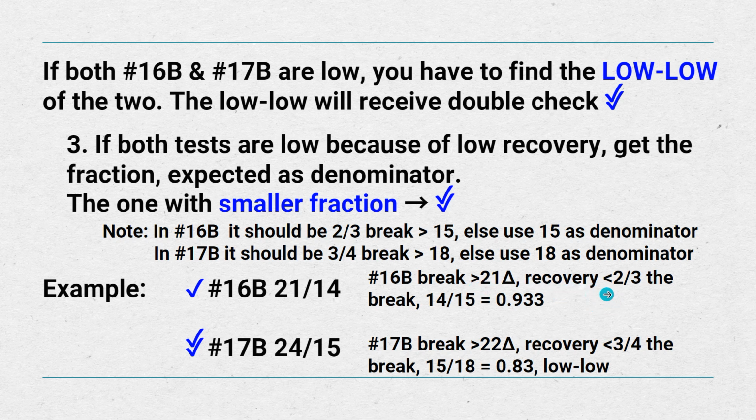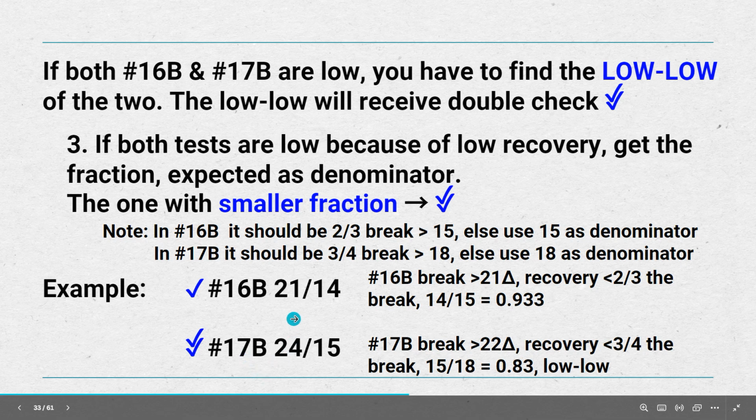And recovery is less than 2/3 of the break. So consider it as low. It is because the expected finding for 16b is 21 over 15, right? But since the recovery is below the expected, consider it low.